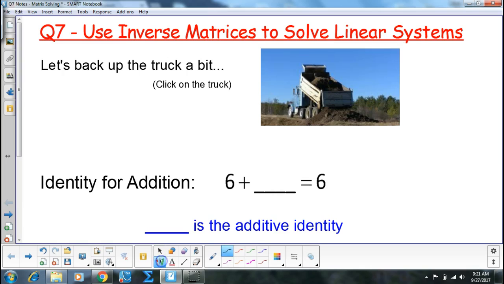So 0 is what is called the additive identity. I can add 0 to anything and nothing happens. That's what 0 does for me in addition.